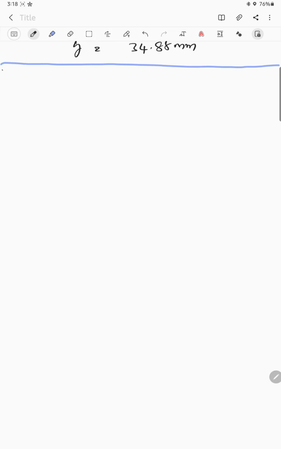So the next topic is Pappus theorem. It is a very simple theorem.